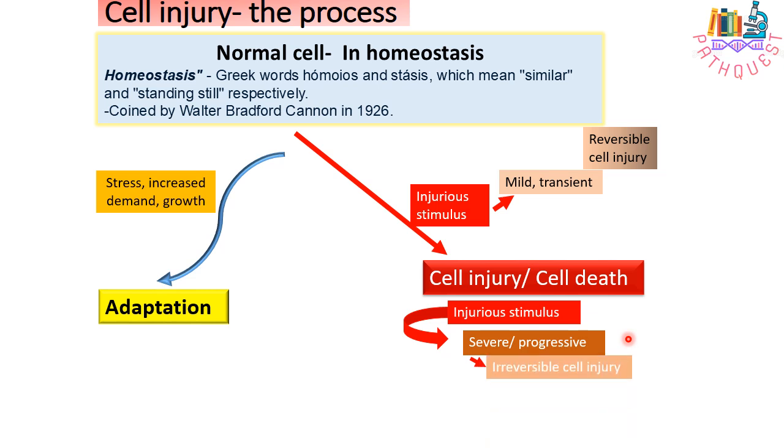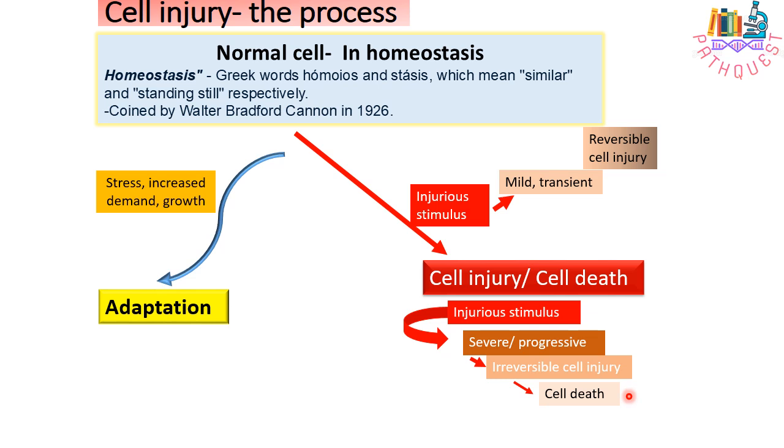That means the cell will not be able to revert back to its normal structure or function even if the injurious stimulus is removed. This will ultimately result in death of the cell. So, mild and transient injurious stimulus will result in reversible cell injury, and severe or progressive injurious stimulus will result in irreversible cell injury and cell death.